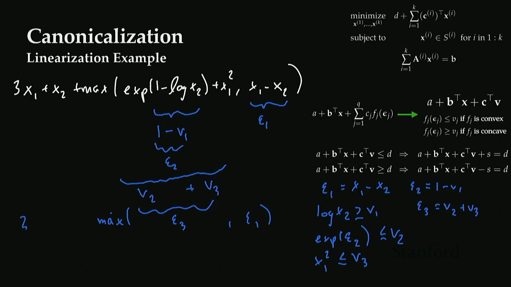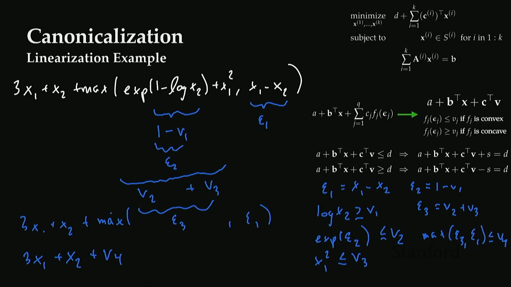So 3x1 plus x2. We're going to do one final step here. Call this 3x1 plus x2 plus v4. What's the constraint that we're introducing? The max of epsilon3 and epsilon1 is less than or equal to v4.